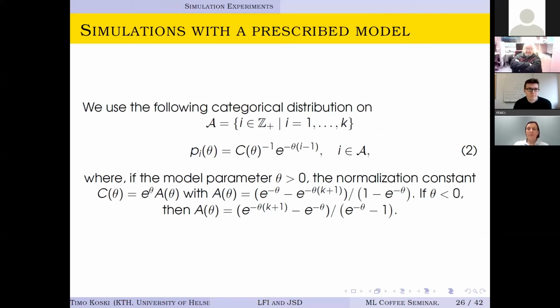Now, a proof may be good, but you are probably more convinced if you can take a look at the simulation here. So my alphabet is the first k positive integers, and I have a kind of geometric distribution on this alphabet. The normalization constant is easily calculated by a geometric sum, so there's no problem there.